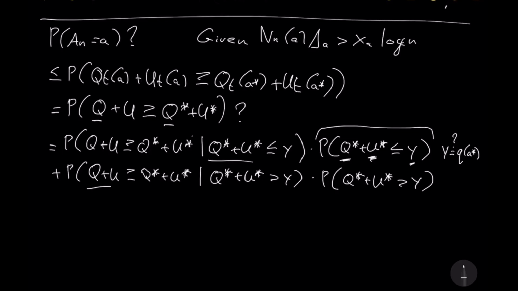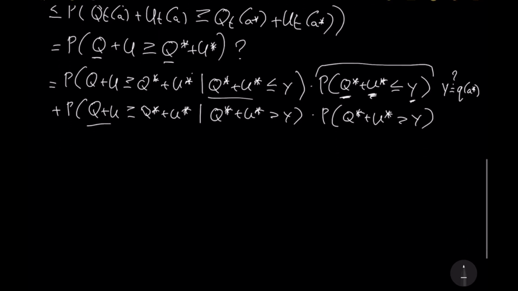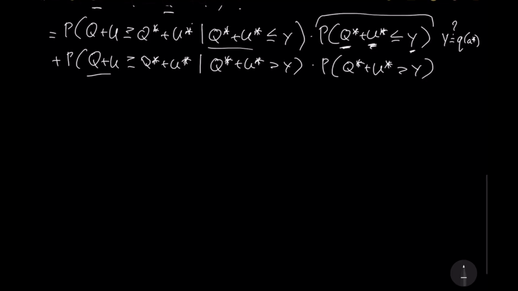So if we plug in Y being the actual value of Q star, we have this probability P Q star plus U star is smaller or equal to Q star, where this is just shorthand for the actual value of A star.